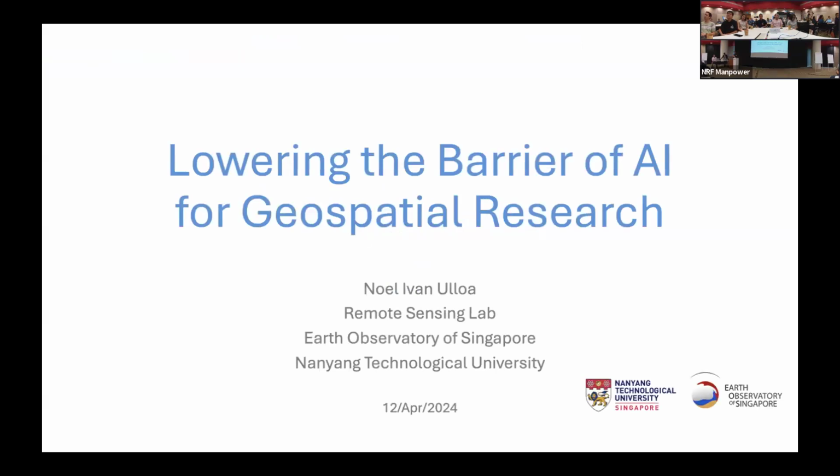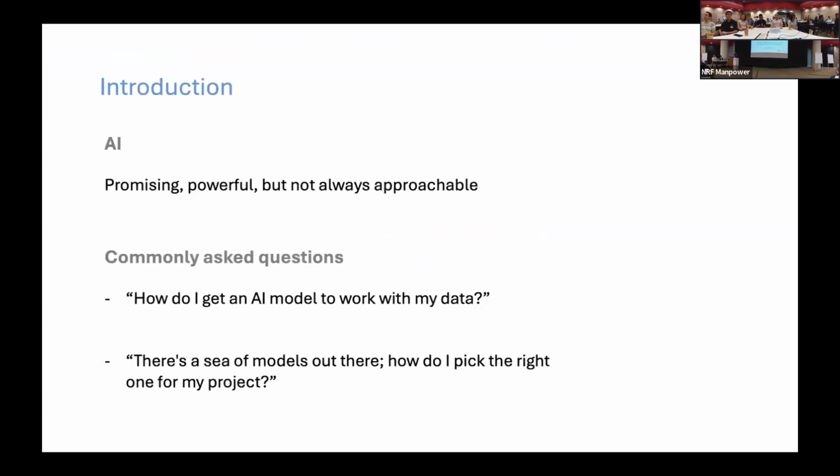Okay, good morning, everyone. My name is Noel. As Professor Samuel said, I am a research fellow at the Remote Sensing Lab at EOS. And today I want to share with you our lab's current efforts to lower the barrier of AI for geospatial research.